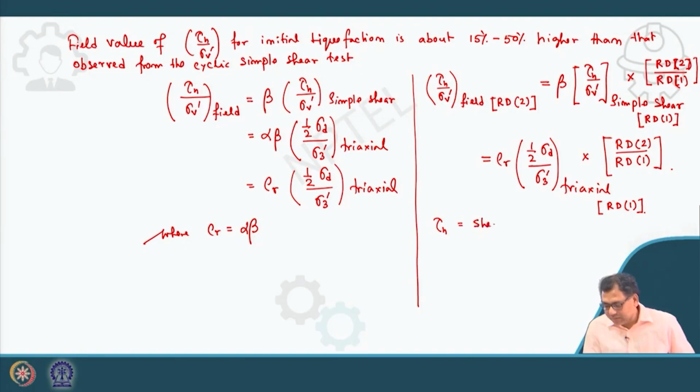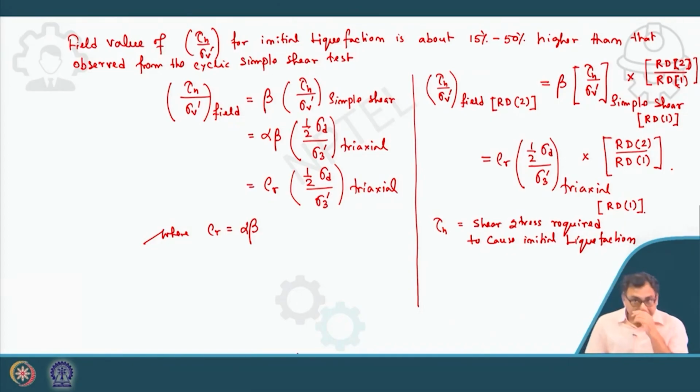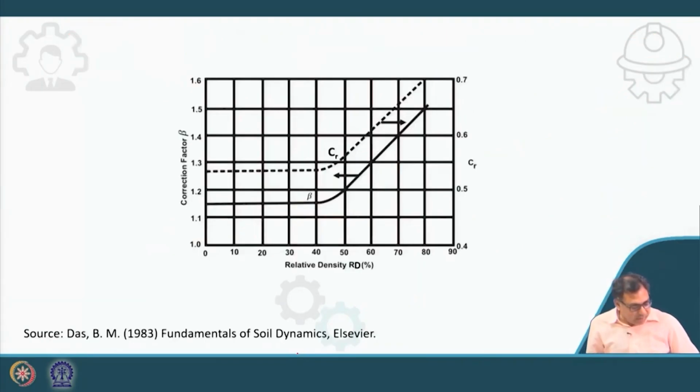Sometimes it is the shear stress that is resisting, the amount of shear stress that is required, or this much shear stress the soil is giving or resisting against the liquefaction.